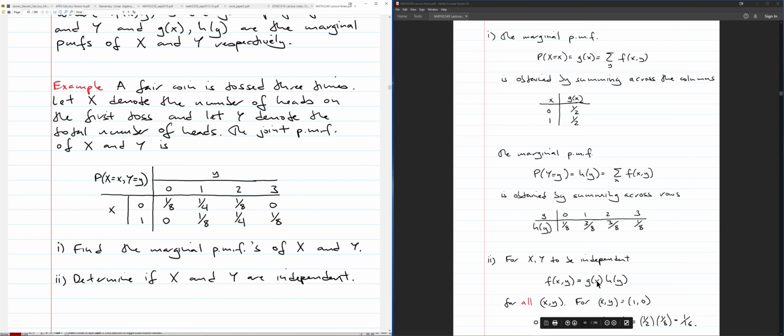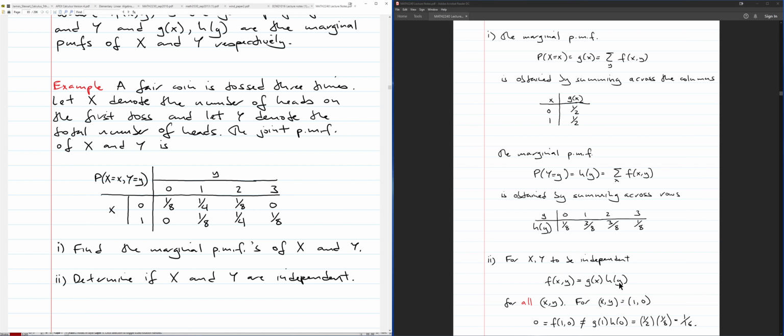I need g1 and I need h0. The g1 I can get from my marginal PMF that I worked out before. The g1 is a half. And I also need hy, which is the marginal PMF for the big Y.